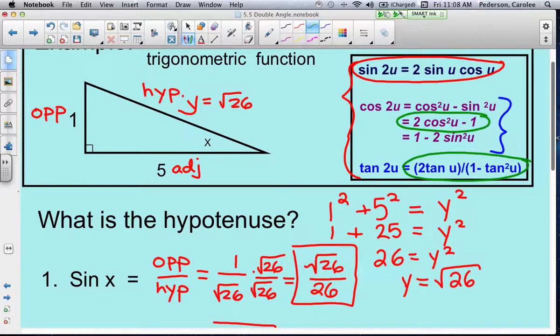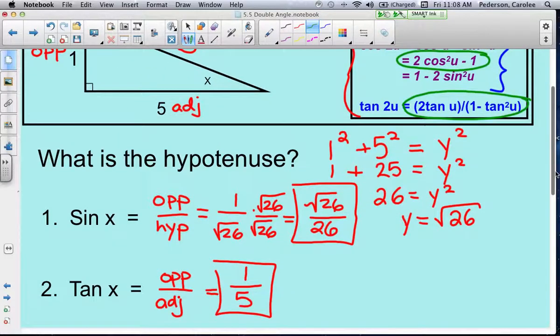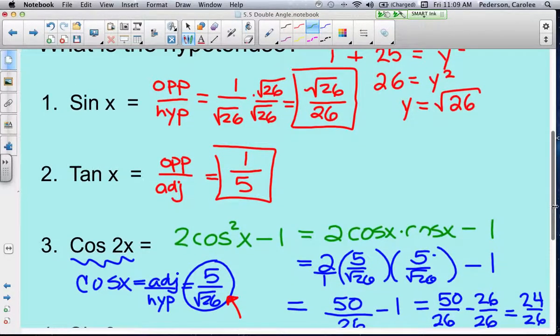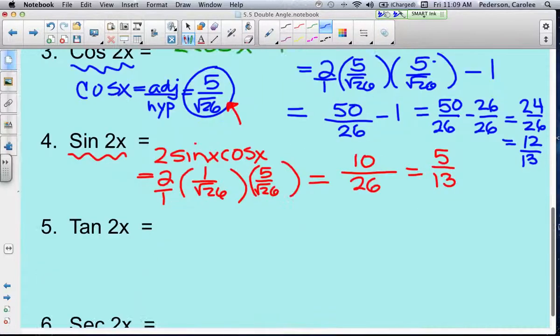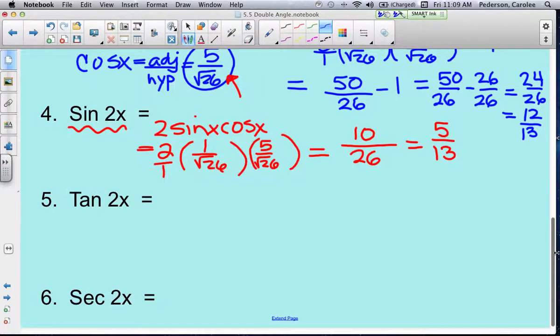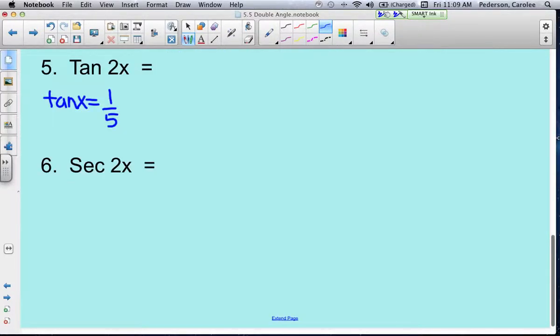And we want to use this tangent of x that we found right here in the red, 1/5. So I'm just going to off to the side here remember that the tangent of x that we found is 1/5.